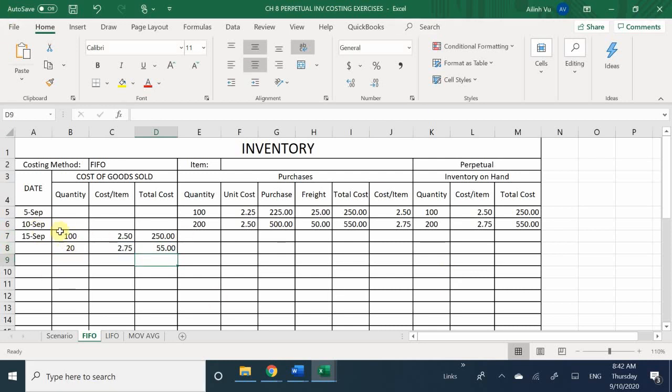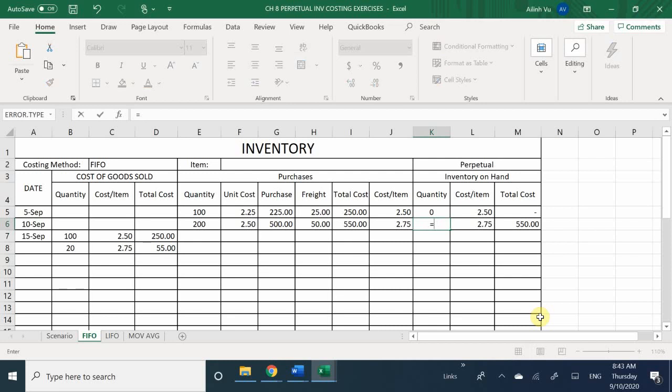Now this is what you can do. We know that we eliminated 100 items, so we can just zero that out. Here we subtracted 20, so 200 subtract 20, just so that we can safely do this calculation correctly. And we get 180, boom, there it is.